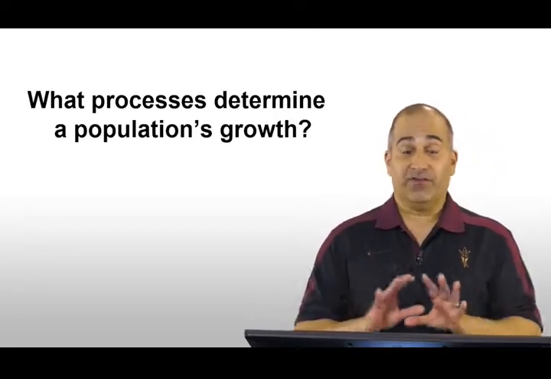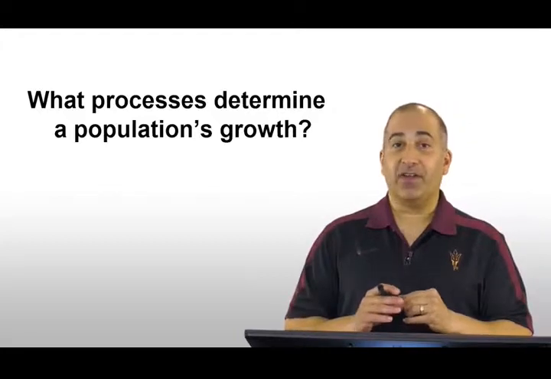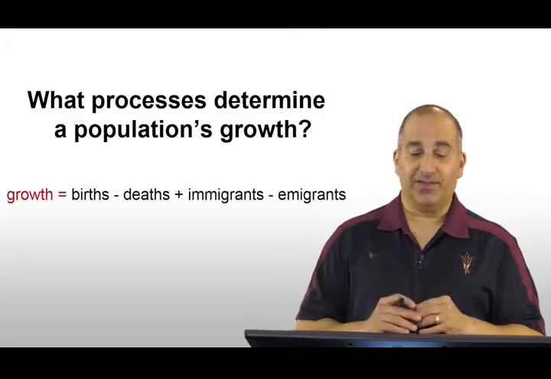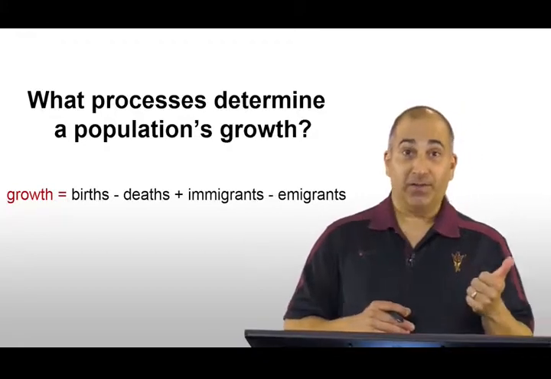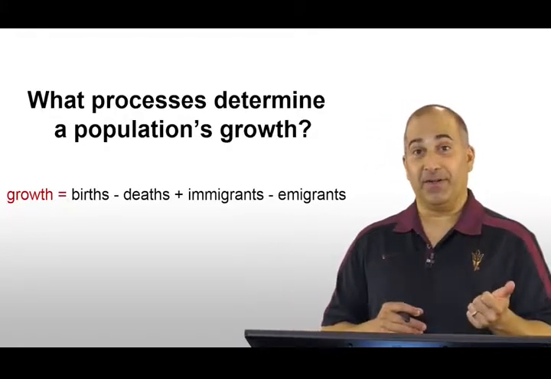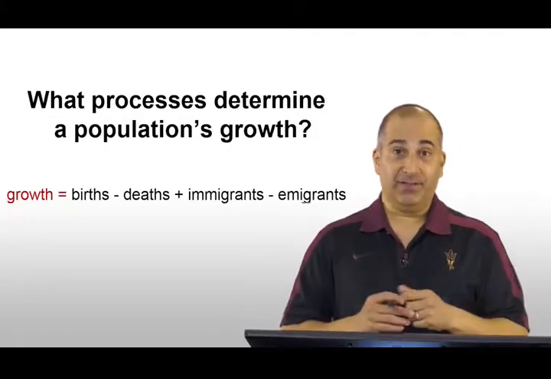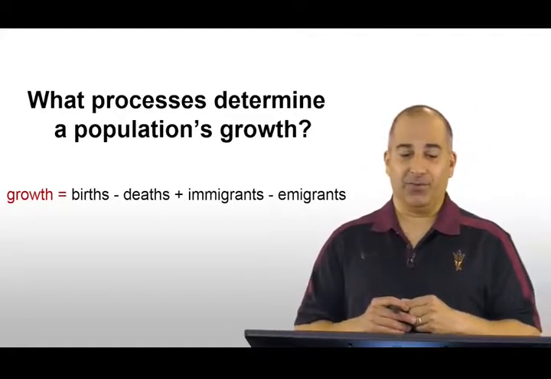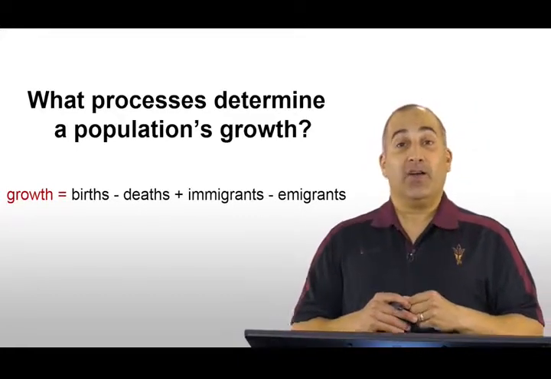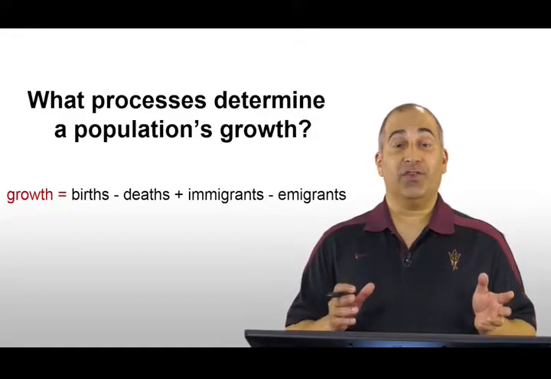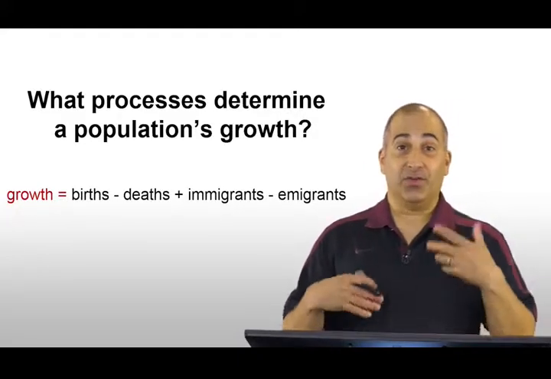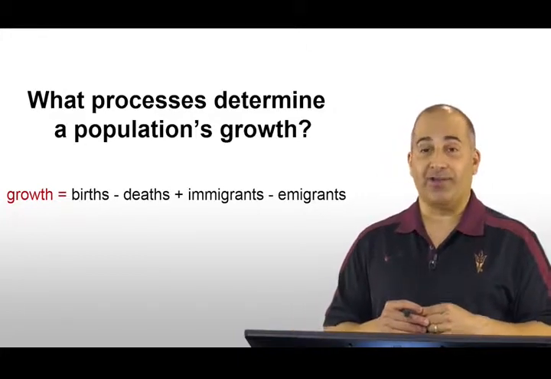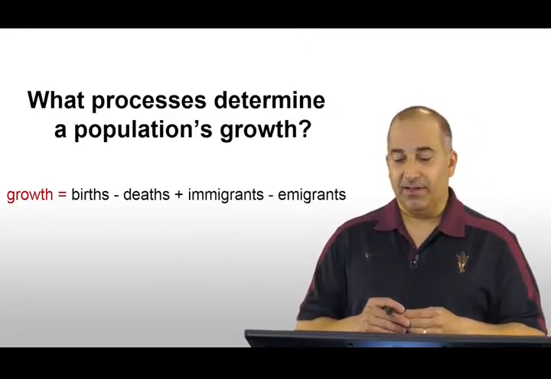Well, if you followed along in your textbook, you would remember 4 different processes. The growth of a population depends on births, which is reproduction, adding individuals to the population. It also depends on the deaths in the population. As individuals die, they leave the population, which subtracts from the population growth.